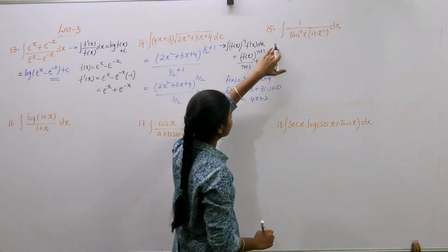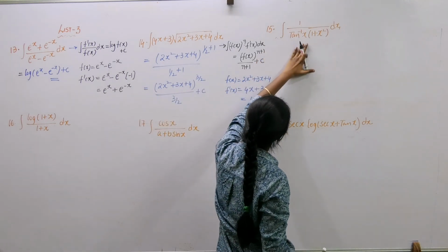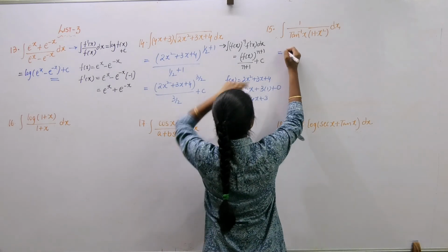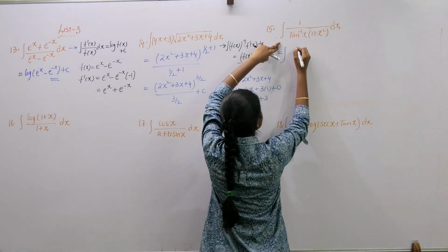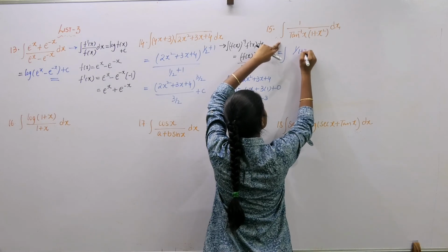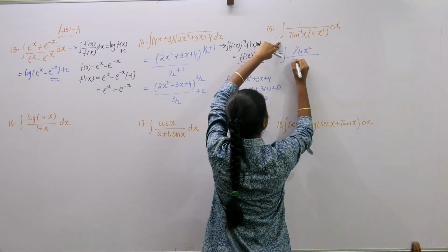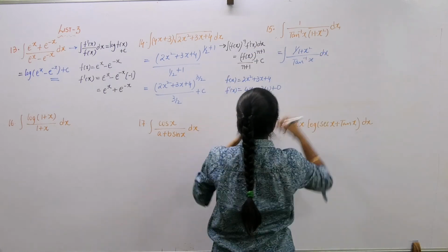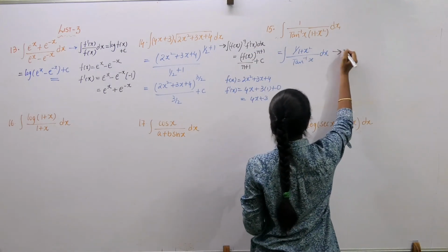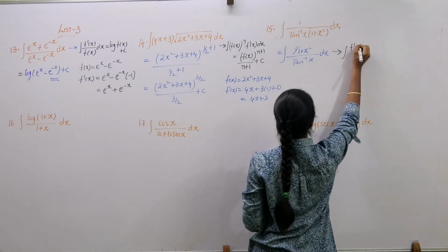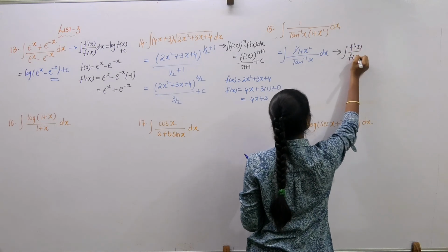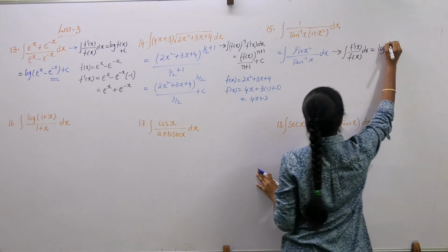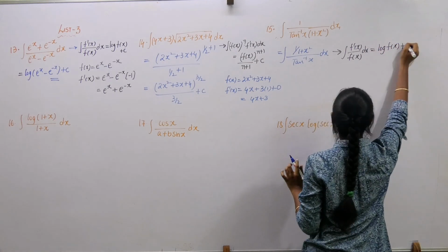Next, 15th one, integral 1 by tan inverse x into 1 plus x square dx. Let me write this as 1 by (1 plus x square) by tan inverse x dx. Now, this is in the form of integral f dash of x by f of x dx, which is equal to log of f of x plus c.